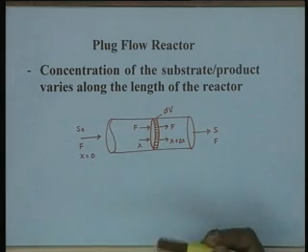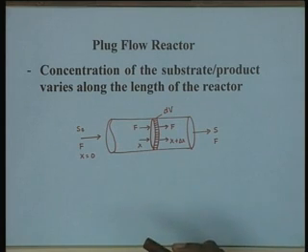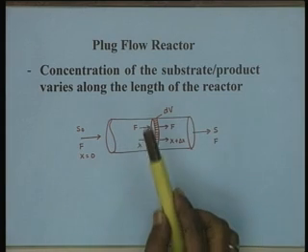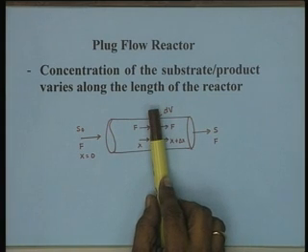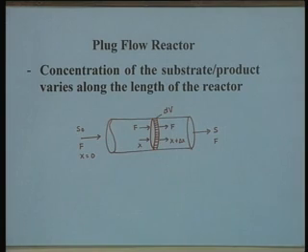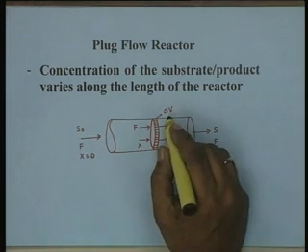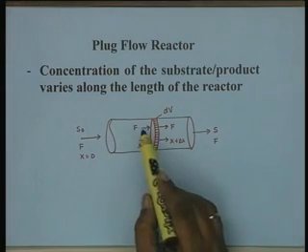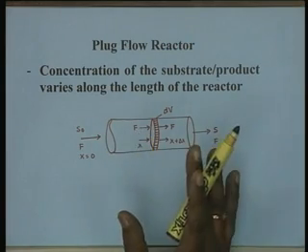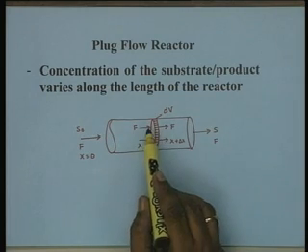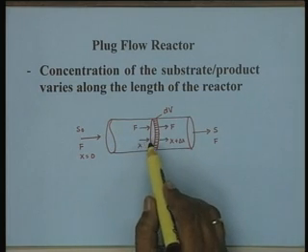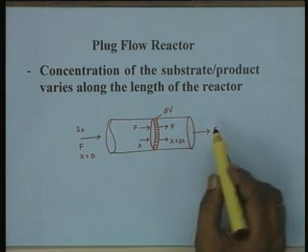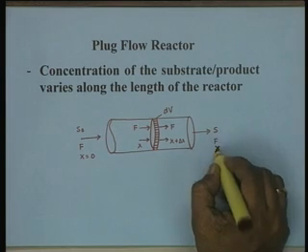But again, to arrive at the reactor performance, we can make a material balance across a differential element of the plug flow reactor. If you consider a differential element of volume dV, you can make a material balance under the same conditions, with feed flow rate as F, and the conversion changing from x to x plus delta x. At the inlet x is equal to 0, at the outlet x is of course some value.